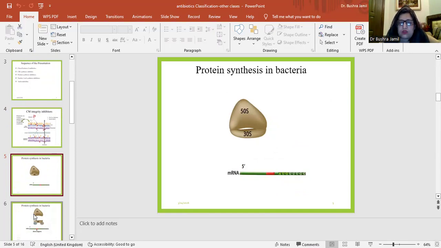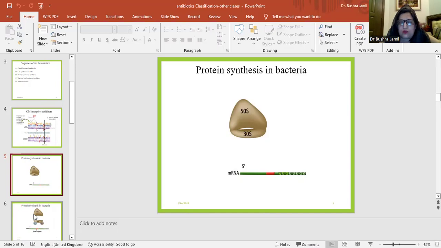However, the ribosome of prokaryote is different from the ribosome of eukaryotes. In prokaryotes, it is 70S, consisting of 50S larger subunit and 30S smaller subunit. Whereas in eukaryote, you know that it's 80S, consisting of 60S larger subunit and 40S smaller subunit.